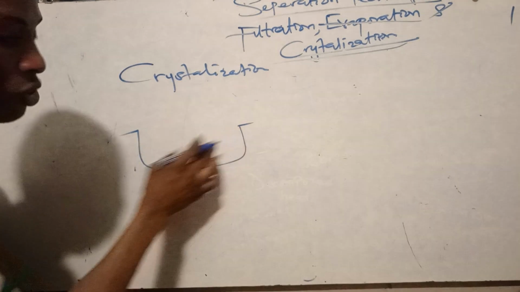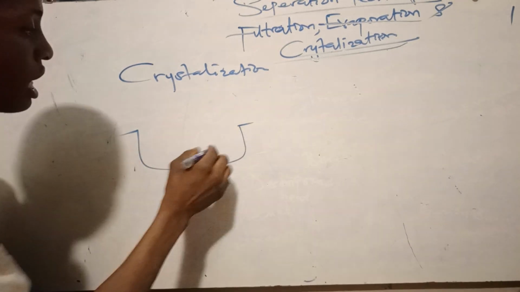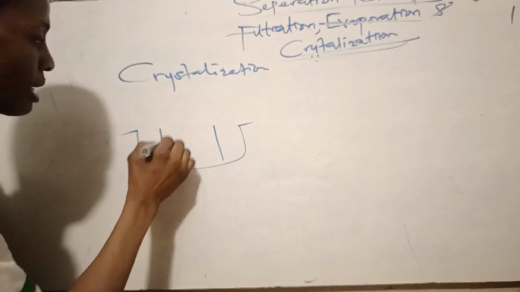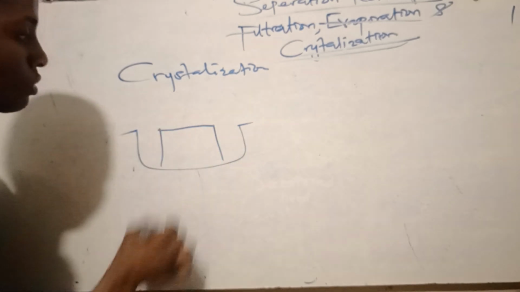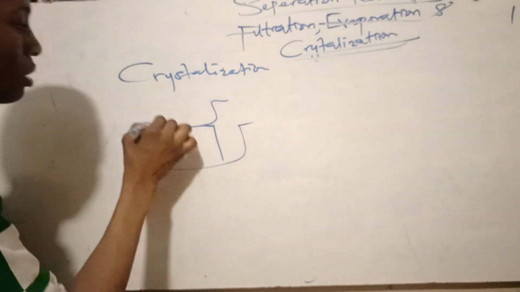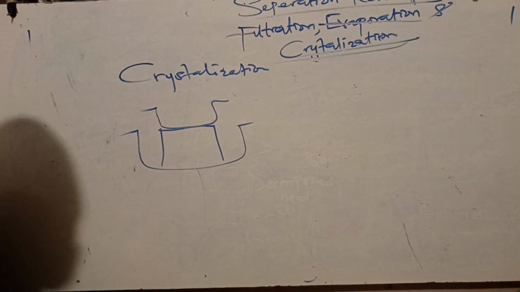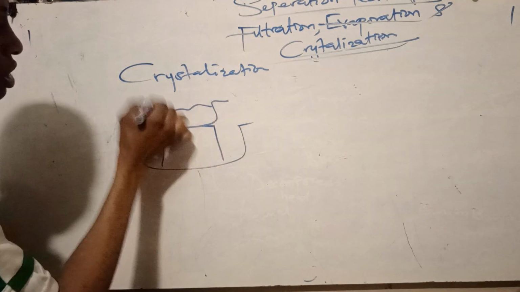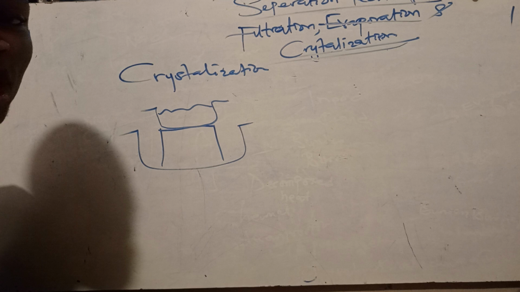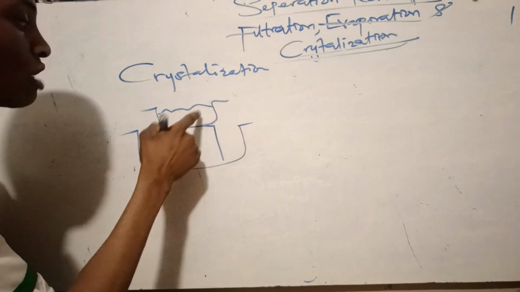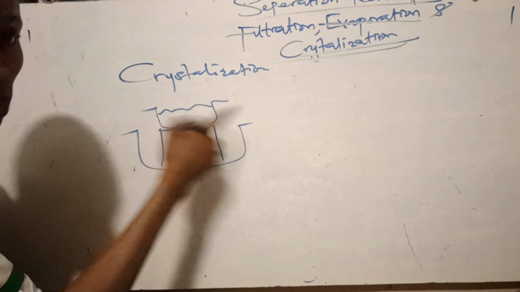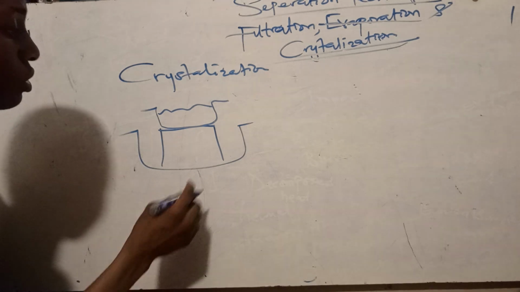It will contain very hot water, and you will have your tripod stand, and you will have your what? Evaporating dish. This evaporating dish will contain the solution from which you want to separate the solute, the salt.